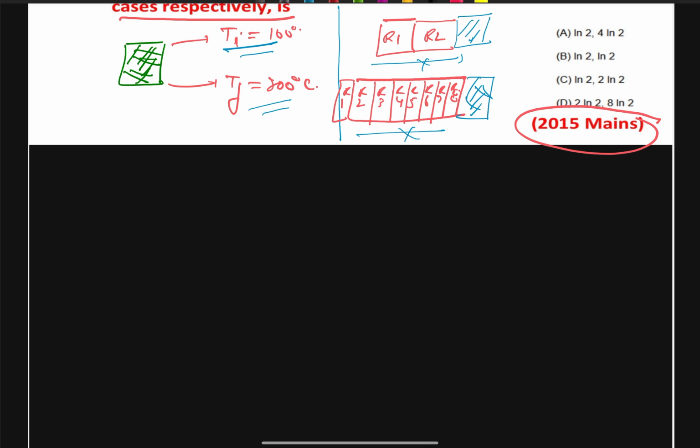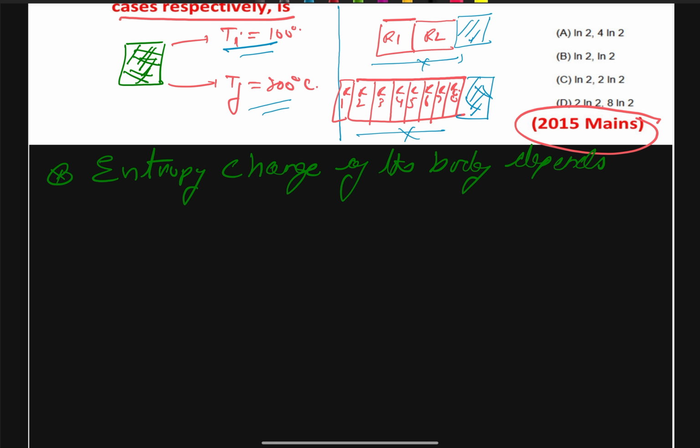So we can use the direct formula: the entropy change of the body depends only on the initial and final states.